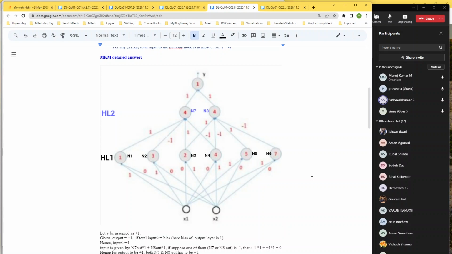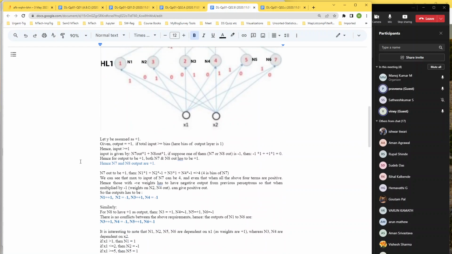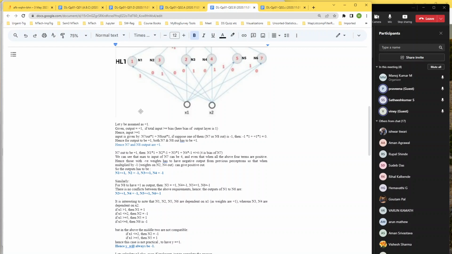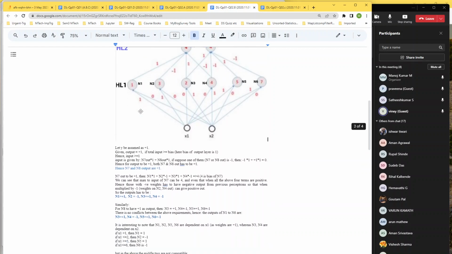You will have to explain it once again, Manoj, later. No, he will do it, but I was expecting him to do it now. Vinay, you can do it now? Yes, I'm looking at it. Satish, you want us to explain it once more? Yeah, Pravina, if you can explain it, maybe he will understand now.